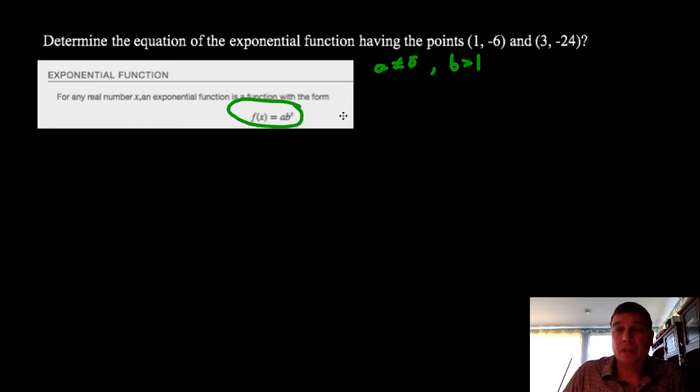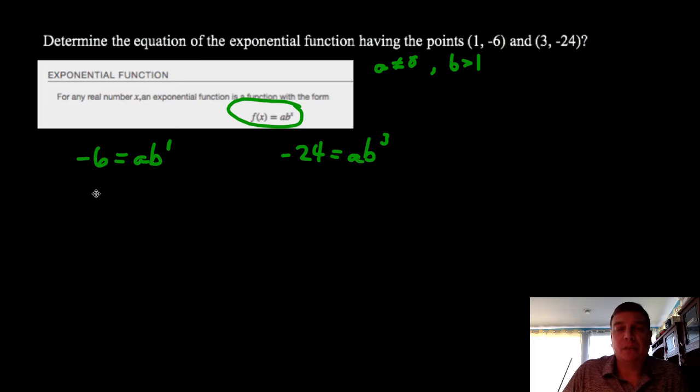All right. So if I use the first point, here's y, which is the value of the function. So -6 is equal to a b to the first power. Then the second equation would be -24 is equal to a b to the third power, because that's what my x value is. Nice thing here is I can already figure out what a is and substitute it in.